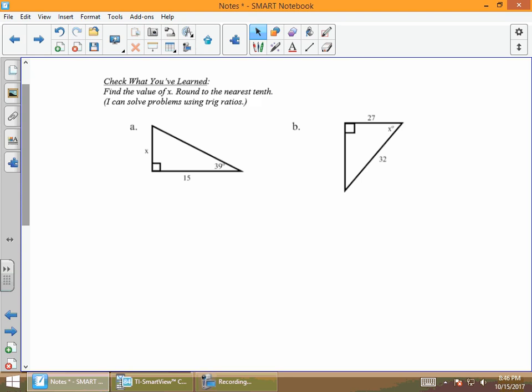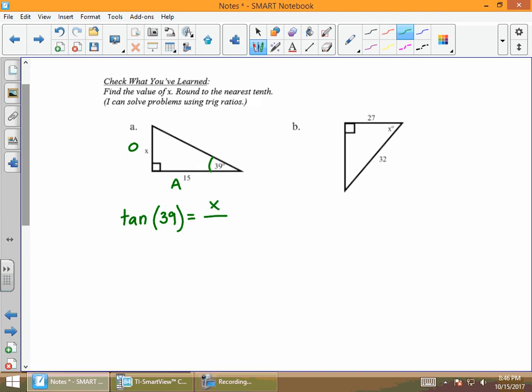All right. As I take a look at problem A, my angle is 39 degrees. X is on the opposite leg. 15 is the adjacent leg. So I do not use the hypotenuse here. So O and A in the SOH TOA is tangent. So the tangent of the angle, 39 degrees, is equal to the opposite over the adjacent. So x over 15. Well, to mathematically solve for x, I have to multiply both sides by 15.